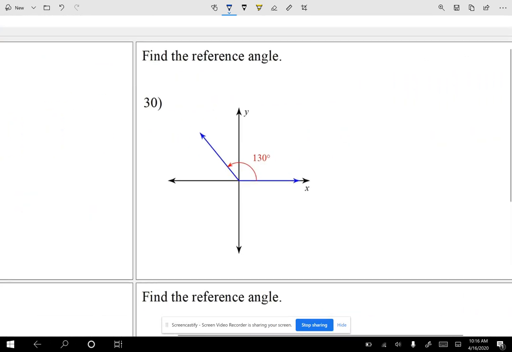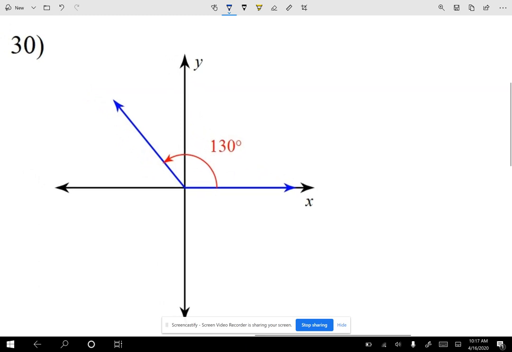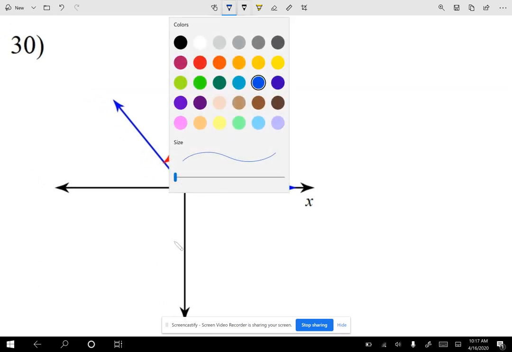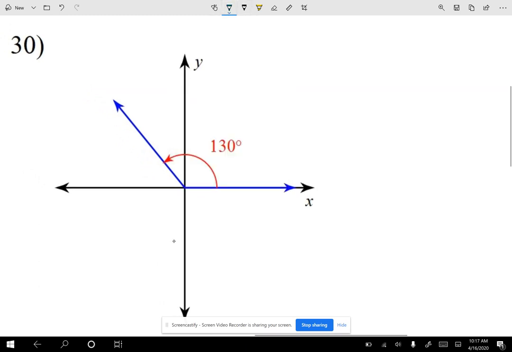Let's take a look at number 30. I'm looking for how much this angle is. Remember, right where the arrow ends, what's the closest distance to the x-axis?